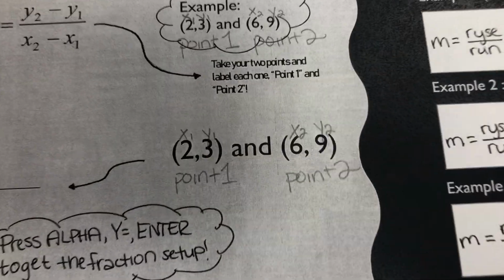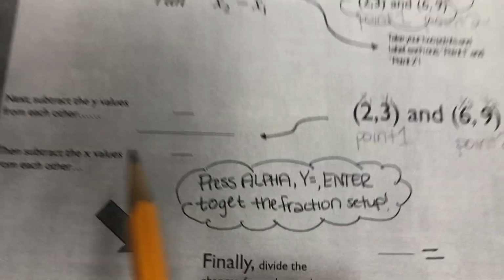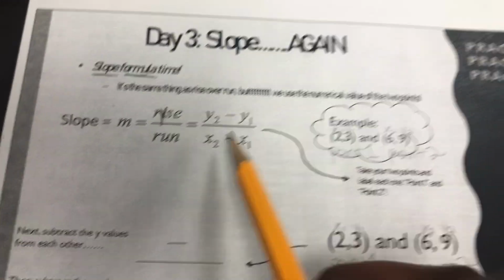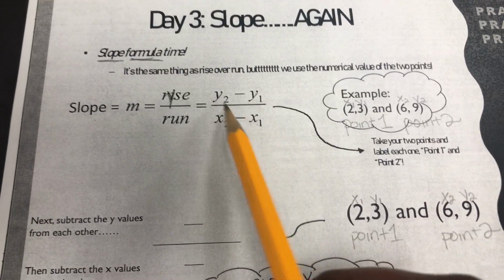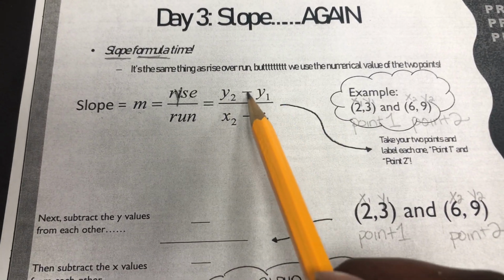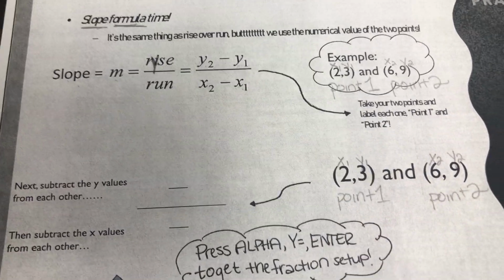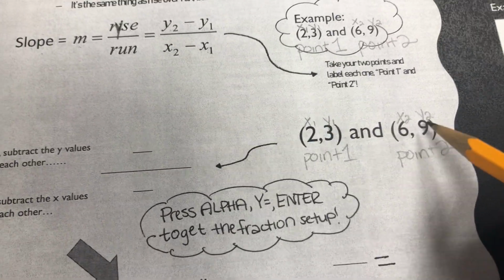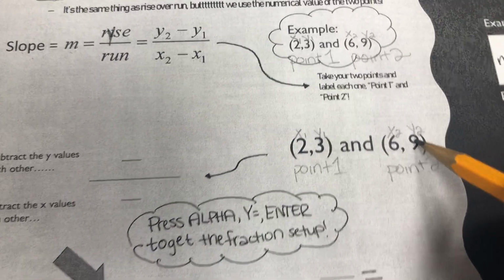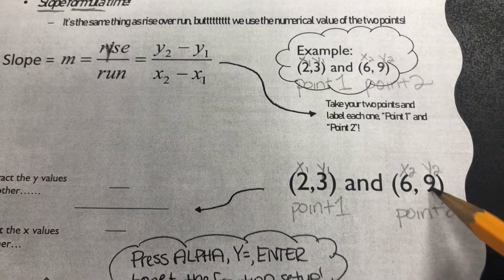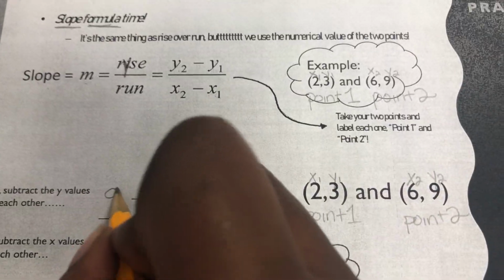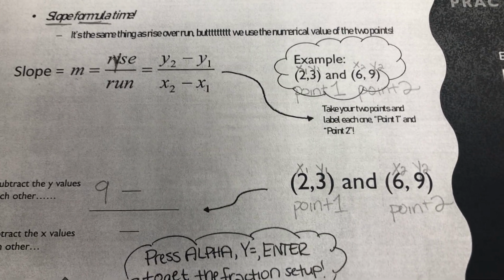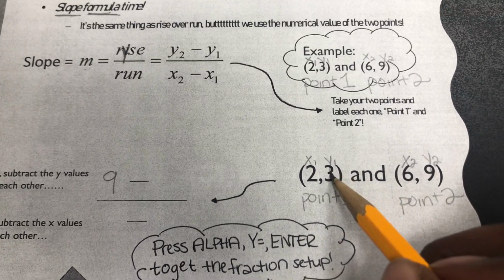So then at that point, we just take this and put it into our formula. So our formula says, first take the y's. Your second y has to be subtracted with your first y. So make sure your y2 goes first, okay? So our y2 in this case is 9 minus our y1, which is 3.